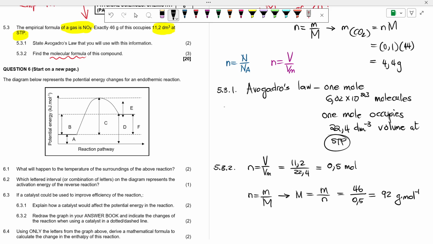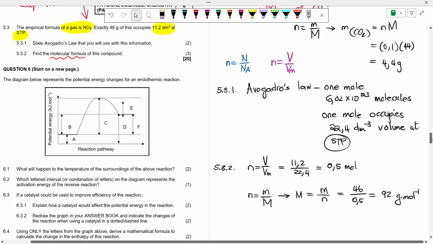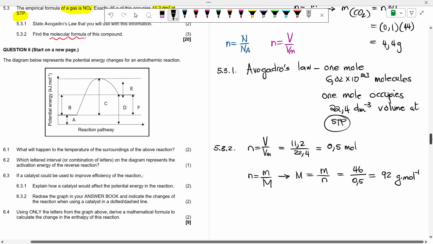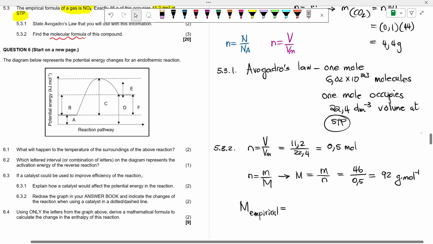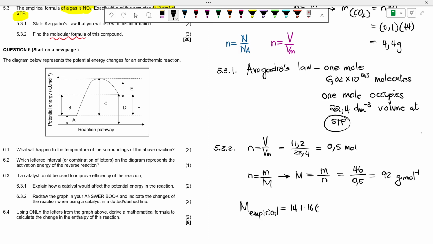Then we need to find the molar mass of the empirical formula, and that's NO2. So molar mass of empirical is equal to N. Nitrogen is like what? 14 plus 16 times 2 for oxygen. So we get how much? 46 grams per mole.